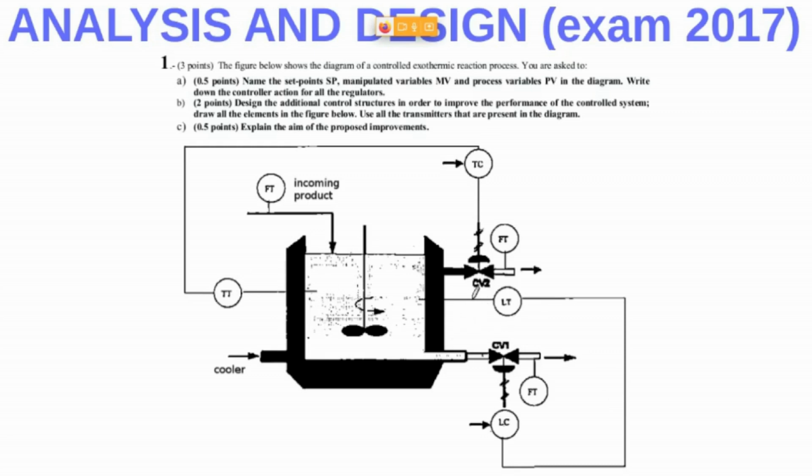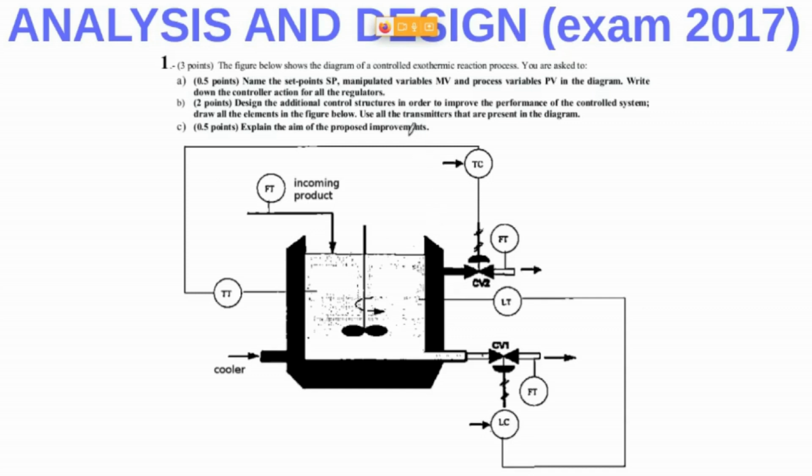We are also measuring this level in here. We are controlling the level of the liquid, of the product we have in this reactor, right? So both the temperature and the level are controlled.